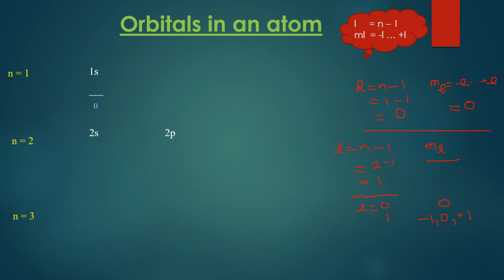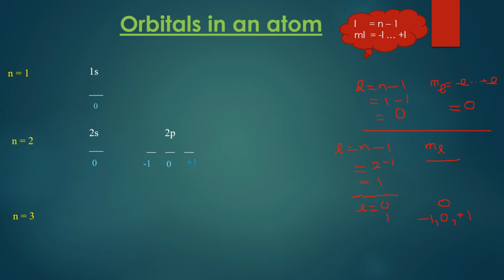So for the s orbital, L is equal to 0, ML 0, so 1 space. L is equal to 1 means p orbital. There are 3 spaces, 1, 2, 3. So we label the ML values. ML is 0 for 2s and ML is negative 1, 0 and 1 for this particular orbital. Okay, I hope you are understanding this.